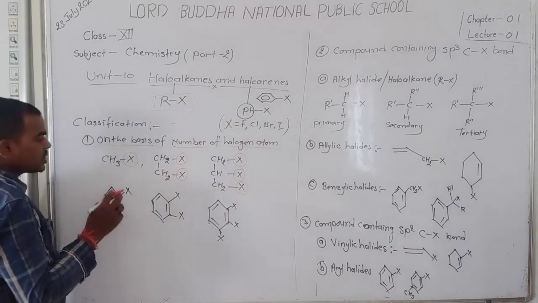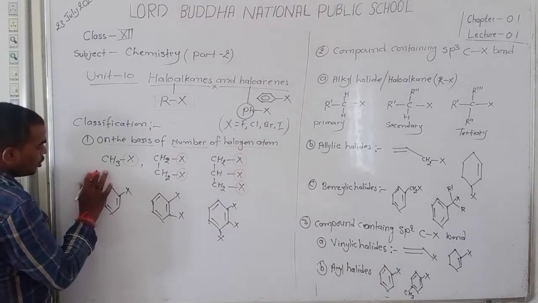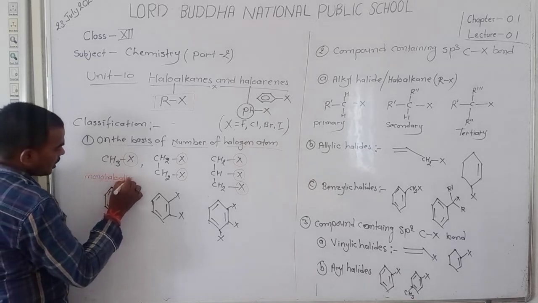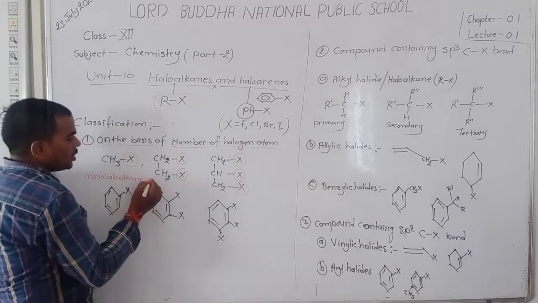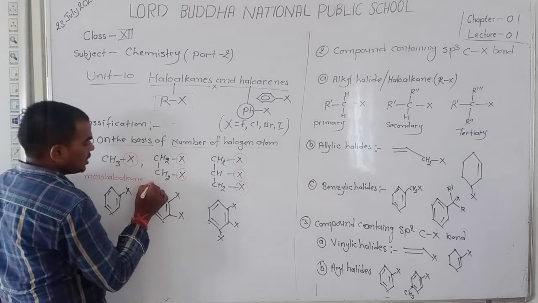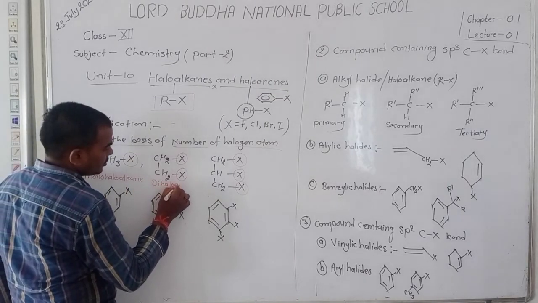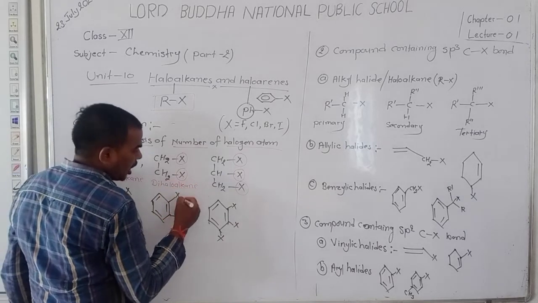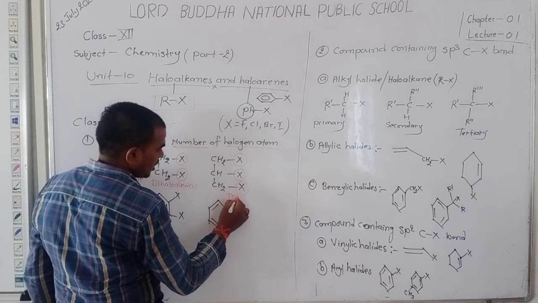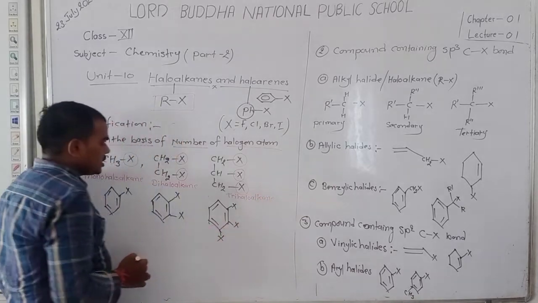The compound which contains only one halogen atom is known as monohaloalkane, the haloalkane which contains two halogens is known as dihaloalkane, and the haloalkane which contains three halogens is known as trihaloalkane.